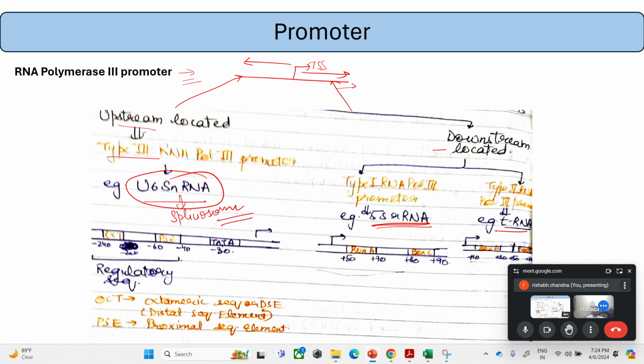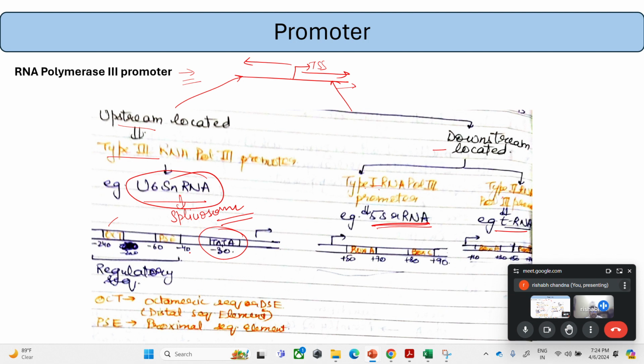So there is a difference in the sequences and the number of boxes present in either of the promoters. For example, in the type 3 promoter, we have two sequences apart from the TATA box at the minus 30 position. We have OCT, that is the octameric sequence, and the PSE, that is the proximal sequence element.